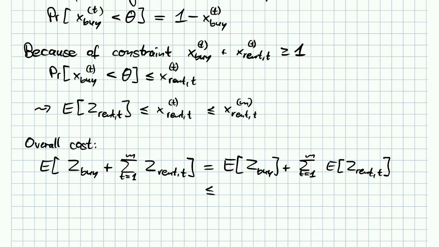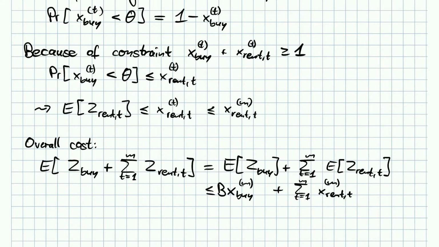The first thing we said, this is at most x buy m, and the other things are, okay, b times this much. The others are at most the sum of these rent variables. And so where are we? This is the eventual fractional cost of our fractional algorithm.